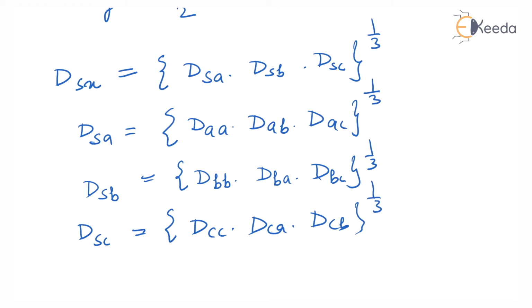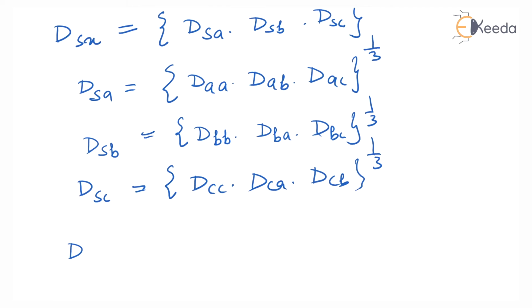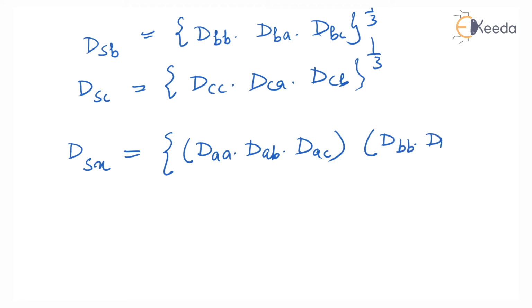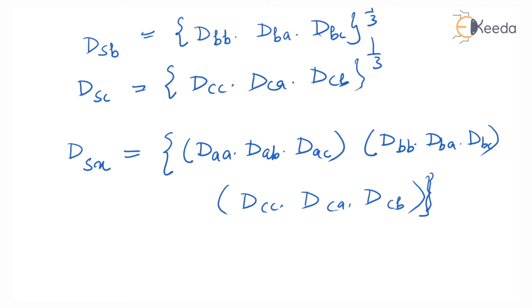Now put the values of SA, SB and SC in DSX. The self GMD for conductor X is equal to DAA into DAB into DAC, then DBB into DBA into DBC, into DCC into DCA into DCB, to the power 1 by 3 into 1 by 3, which means 1 by 9, because there is 1 by 3 inside and 1 by 3 outside for the whole power.